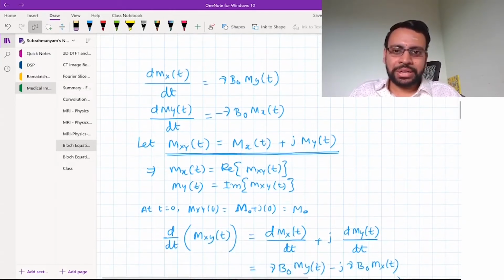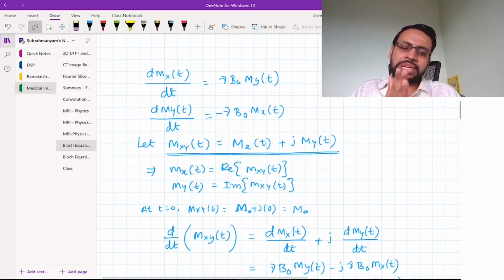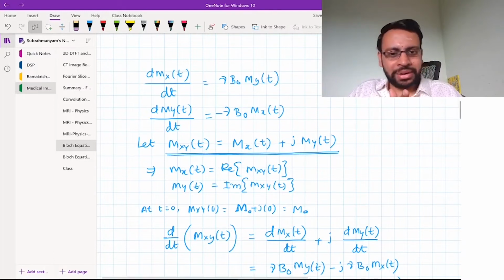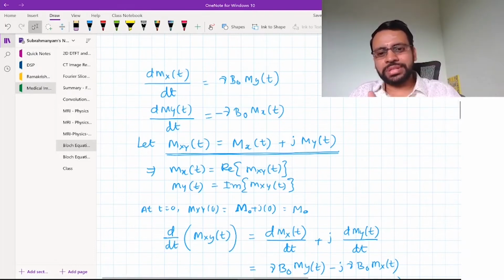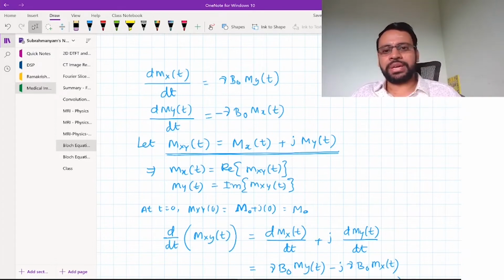For example, you define a new variable Mxy of t, whose real part on the x-axis is the x component and the imaginary part is your My component. So anytime you want the component associated with Mx of t, take the real part of this complex number and the imaginary part will give you My of t.